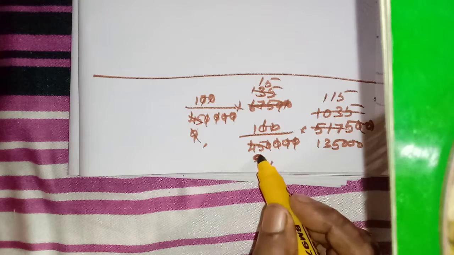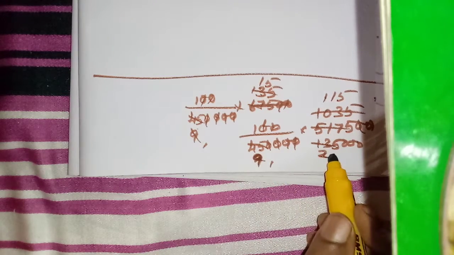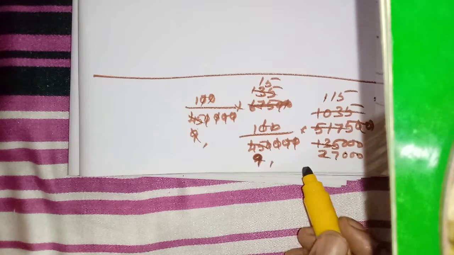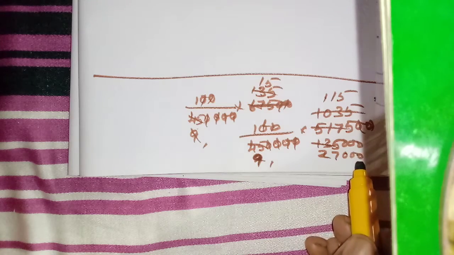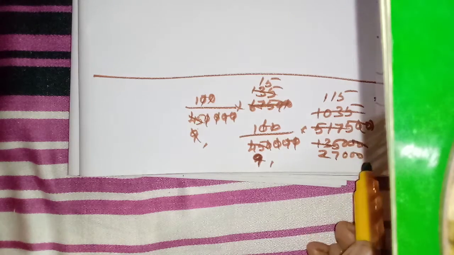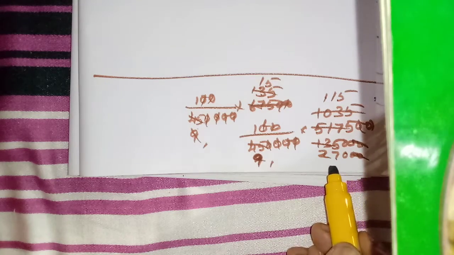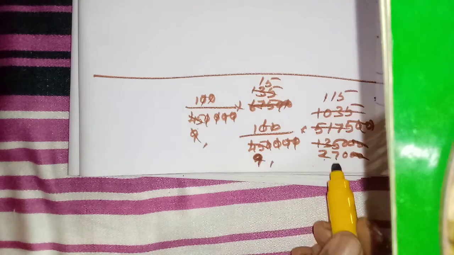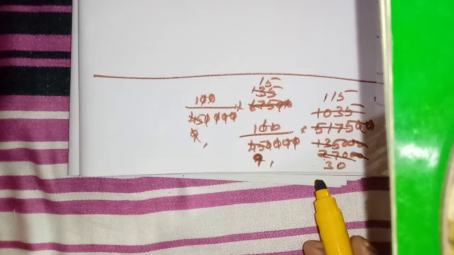So 5. 1 5 2 5s are 10. 35 7 27,000. Not 3 20. Once 2 0 we will cut, isn't it? So 270. Then again 9. Okay, so how many 9? 3 9s are 27. 30.